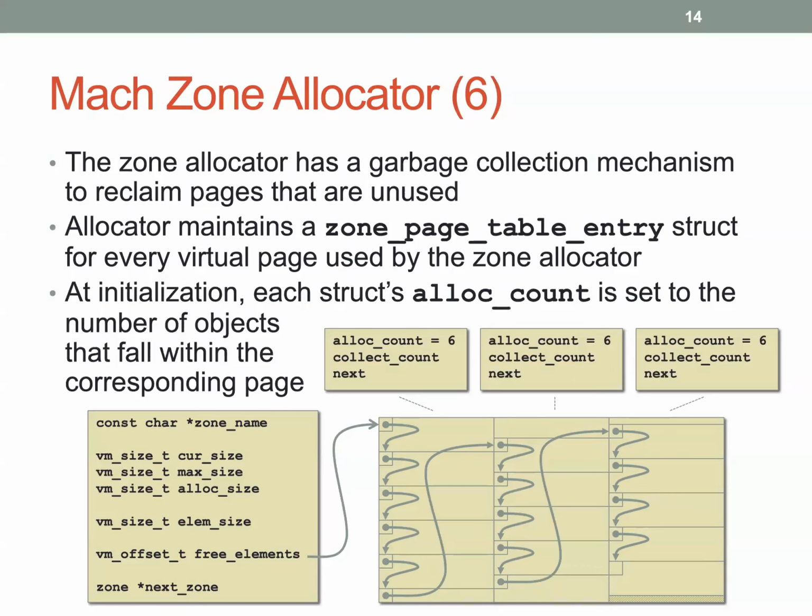When I say have some presence in that page, the last object on the first page is in the first page, so it's represented in the alloc count. The fact that it also has some space in the second page means it's also represented in the second page's alloc count. So we just keep track of what pages each object falls into with the alloc count. And the alloc count can easily be initialized as part of setting up this memory chunk in the zone. It's pretty easy.